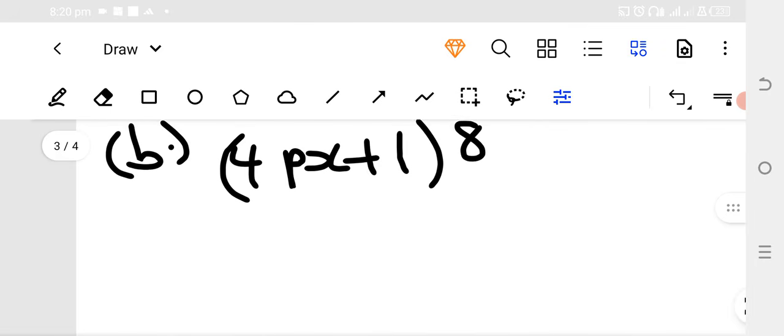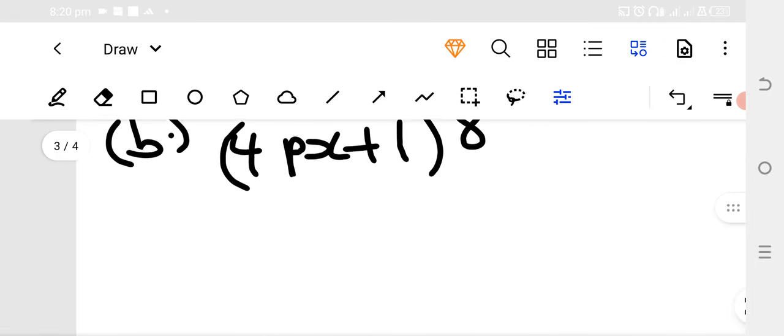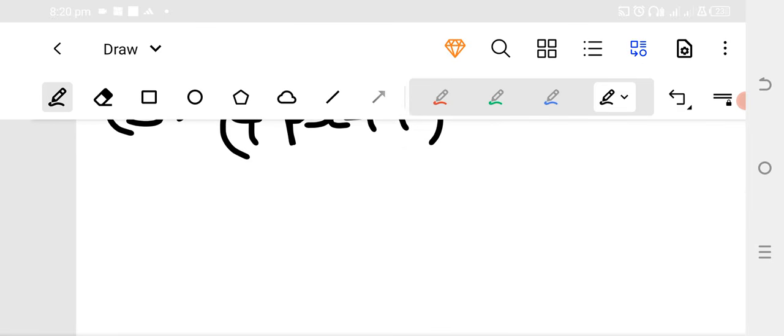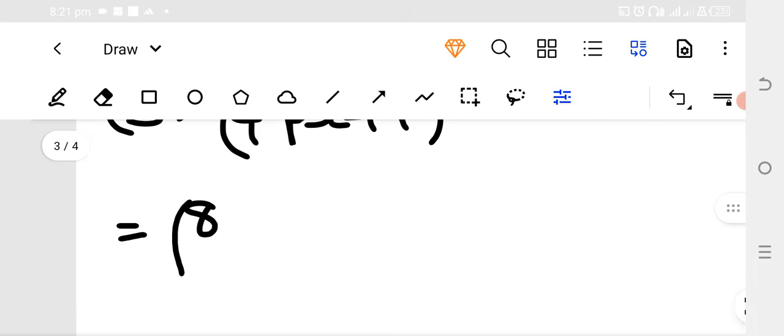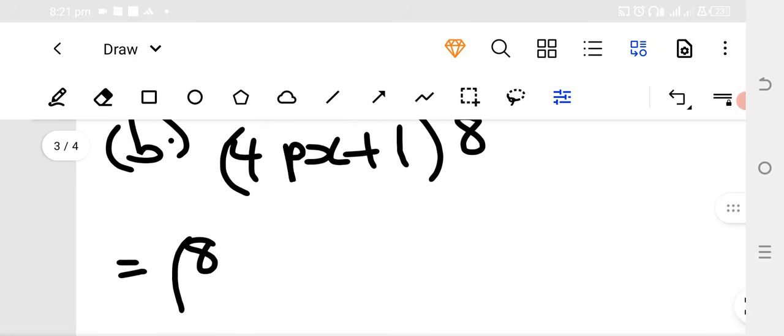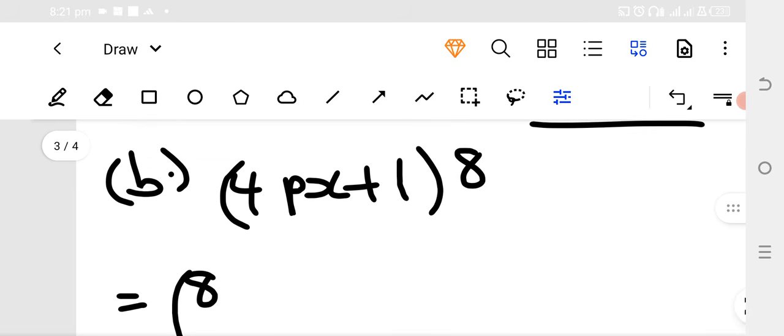So how can we find x squared right here? So already we'll say 8 is equal to 8 combination, which number should be there for us to have a power where x will be squared? What we have to know here is the first term is 8 combination 0.